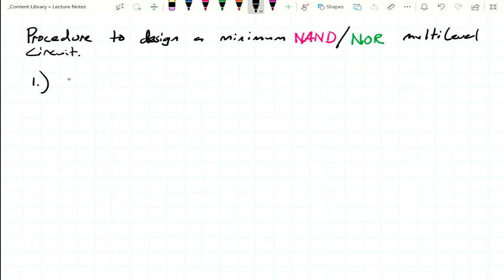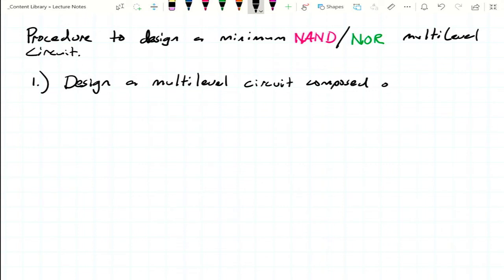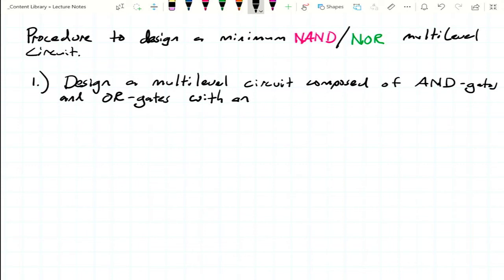Step one is design a multi-level circuit composed of AND gates and OR gates with an OR gate or AND gate on the output.